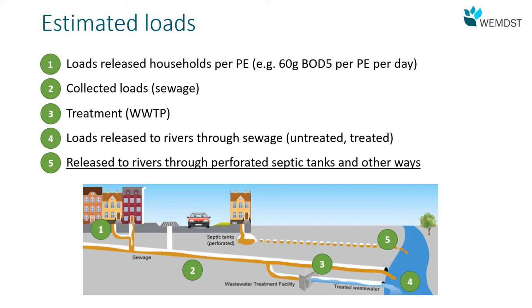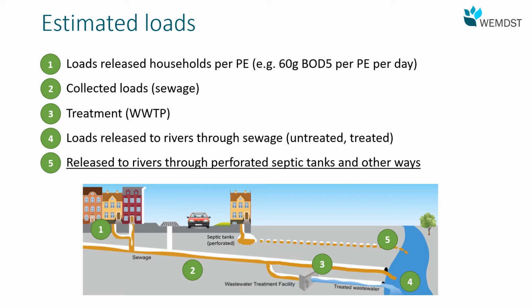The loads from households are estimated as, for example, 60 milligrams of BOD per person per day. Then these loads are released somehow in the river. We have three possible scenarios.